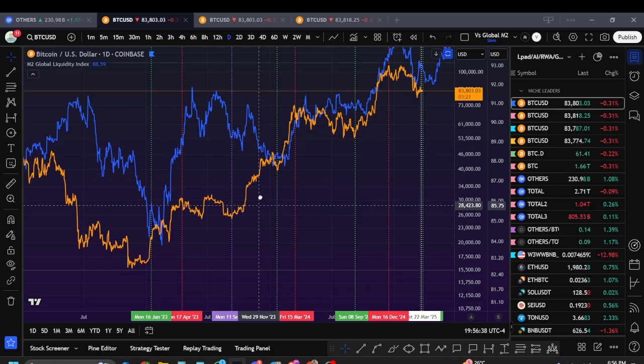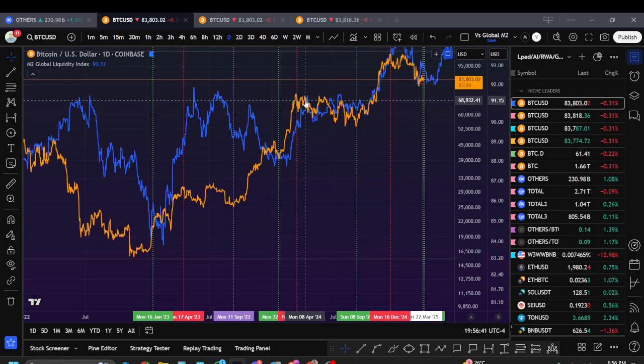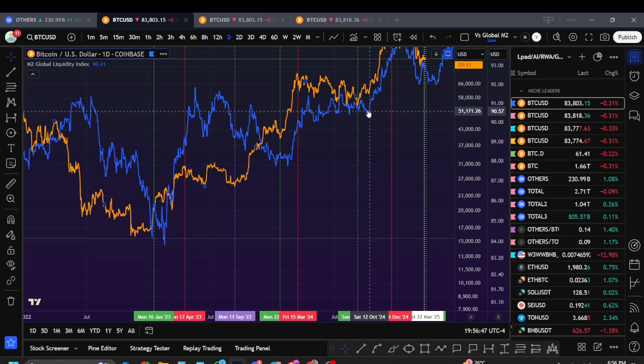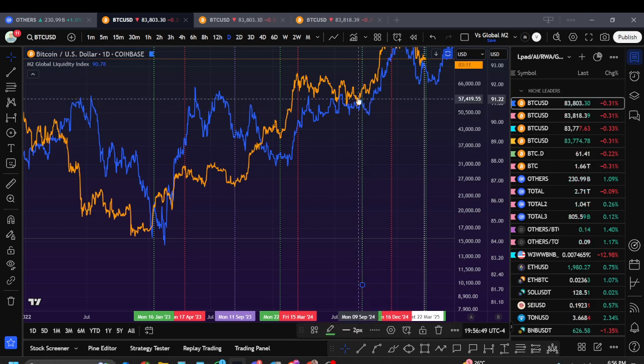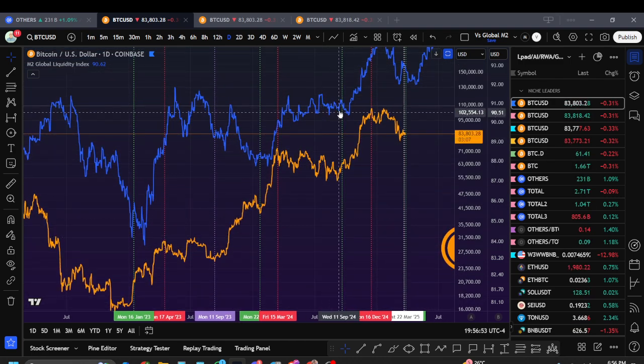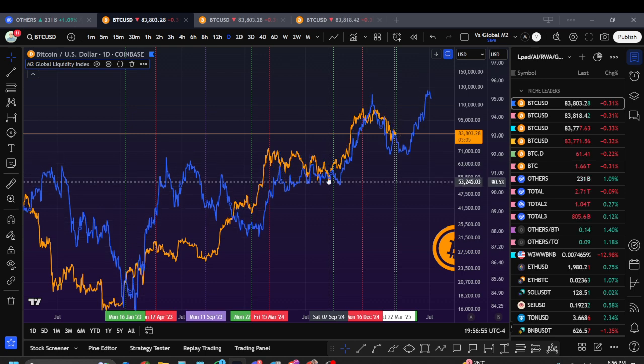So this doesn't match as well. You can see that the tops are not great. The bottoms aren't exactly in line either. Okay. I don't think this one matches up as well.